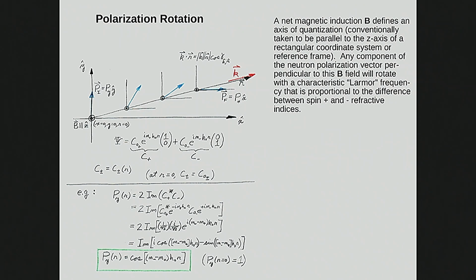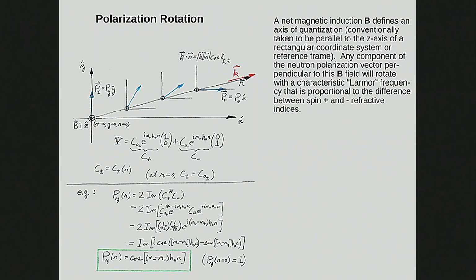And as it propagates through space, because the K vectors have different values, you get precession. So this abstract quantity that we describe as polarization rotates in a conical fashion as it progresses through a magnetic field with that particular polarization.